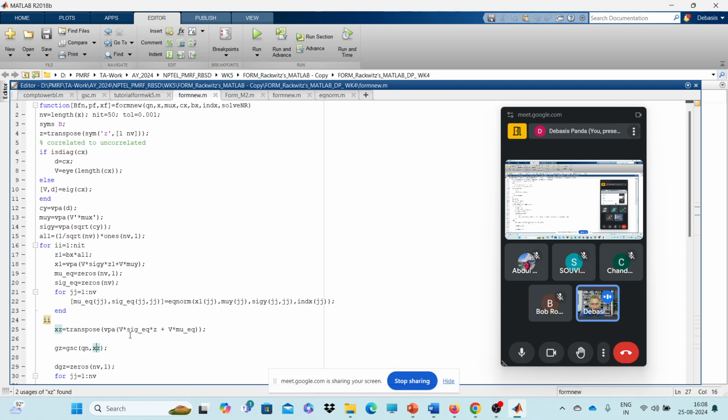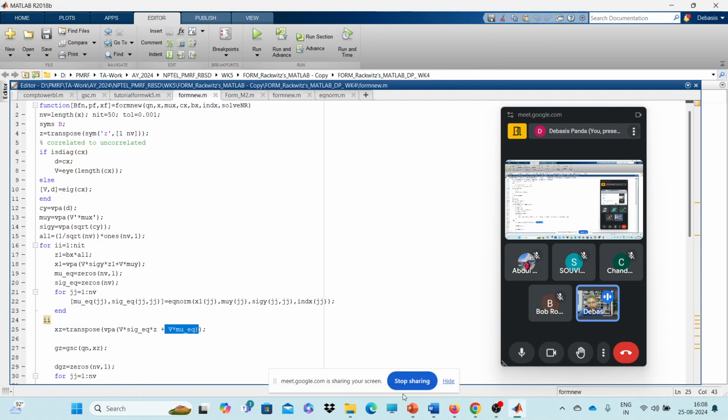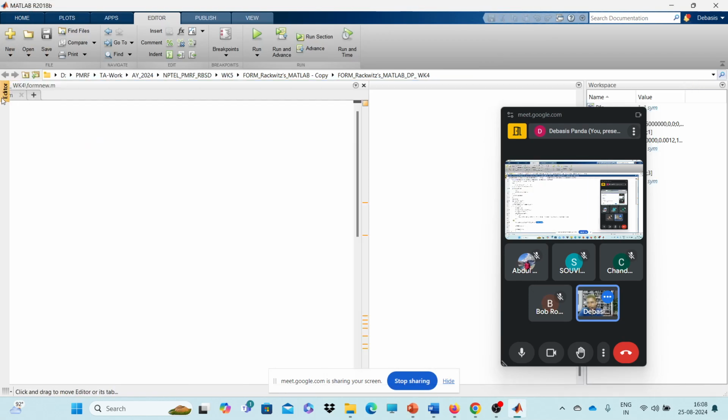In MATLAB you can put it either way: v into mu equivalent plus v into sigma equivalent into z. We have seen this. Now check our beta and final beta.